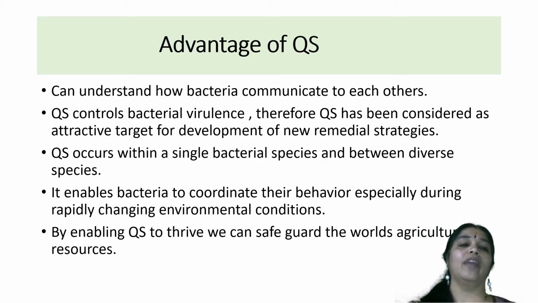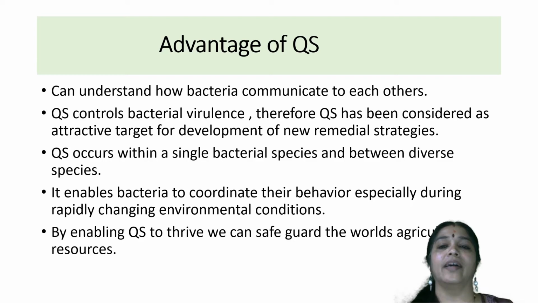You can understand how bacteria communicate to each other. Quorum sensing controls bacterial virulence. Therefore, QS has been considered as an attractive target for development of new remedial strategies. QS occurs within a single bacterial species and between diverse species.